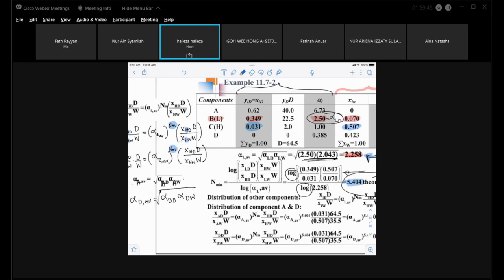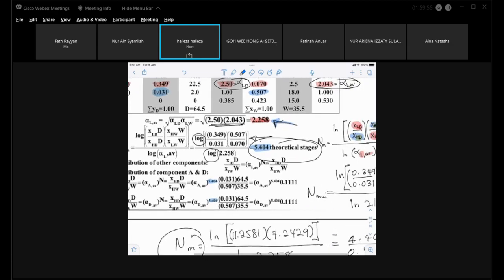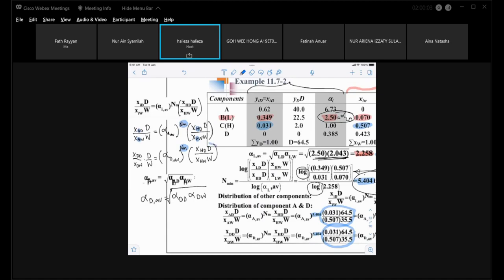If you check this calculation, this is how it's done. The average value for this part should be the same for both equations. If you look over here, they are the same, even though we're looking at component A or component D.